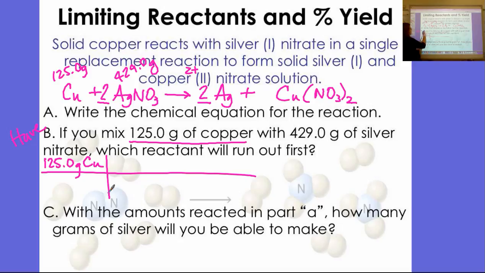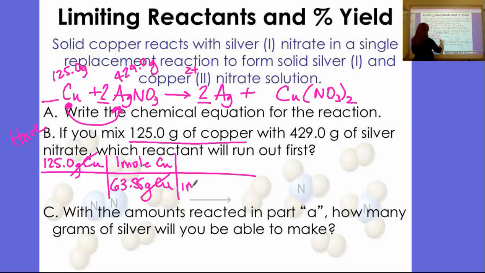I still want to do the exact same thing, converting from grams of copper to grams of silver nitrate. Grams to moles, mole ratio, back to grams, same 3 steps. If I'm in grams of copper, I need the molar mass of copper. Looking at the periodic table, it's 63.55 grams per 1 mole. My ratio is 1 to 2. 1 mole has to go on the bottom because I need to cancel out copper. 2 moles of AgNO3.